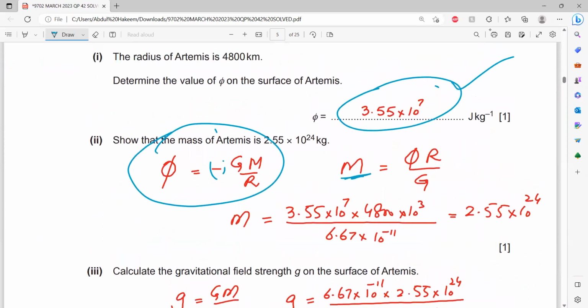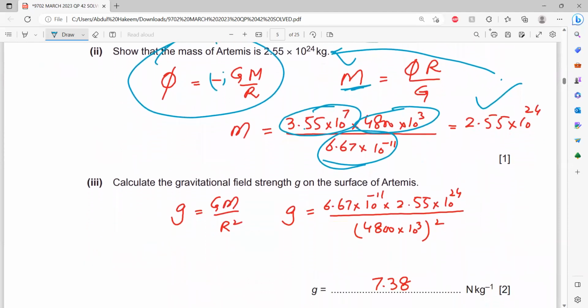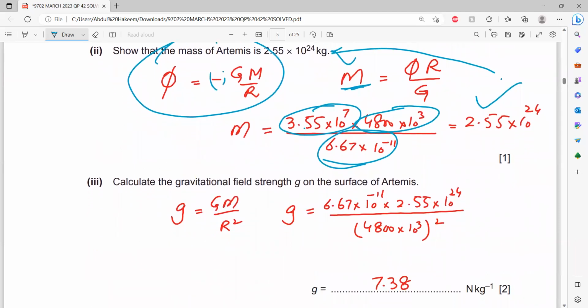So M is equal to phi at the surface, 3.55 times 10 to the power 7, and the radius is given in kilometers, times 10 to the power 3 for meters, divided by the value of the G constant. You will get the same answer, which is required. Next, the gravitational field strength at the surface is required.